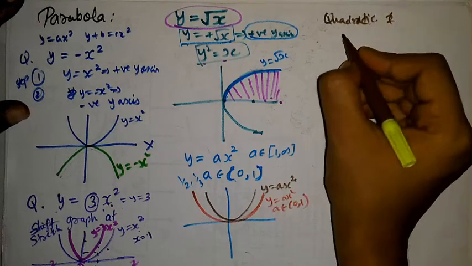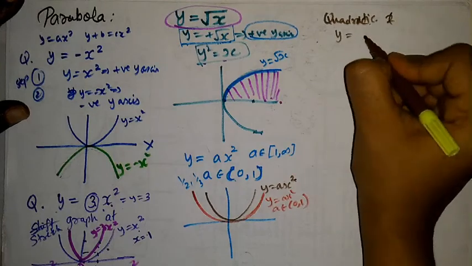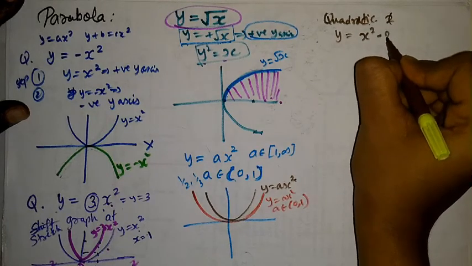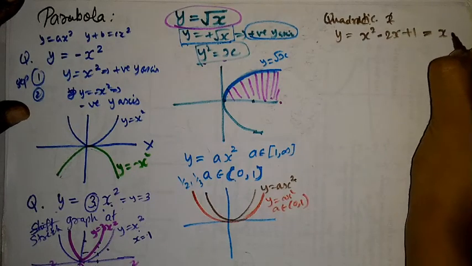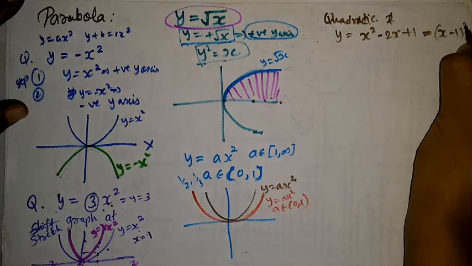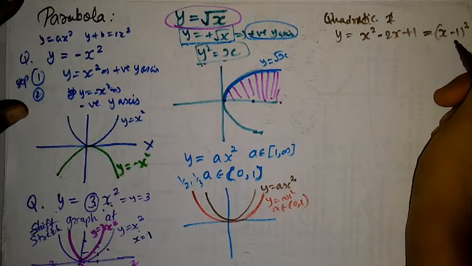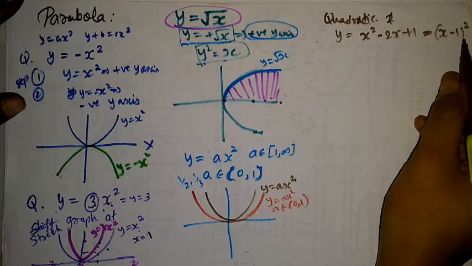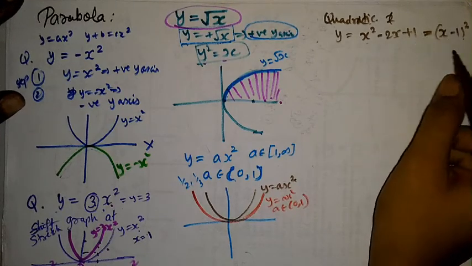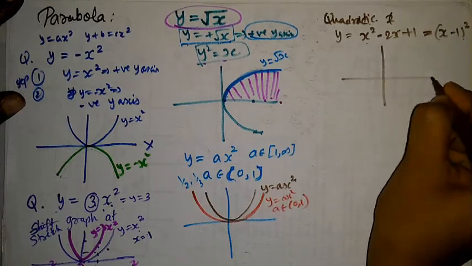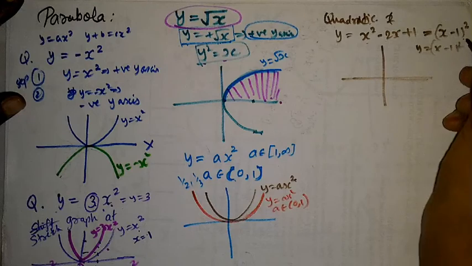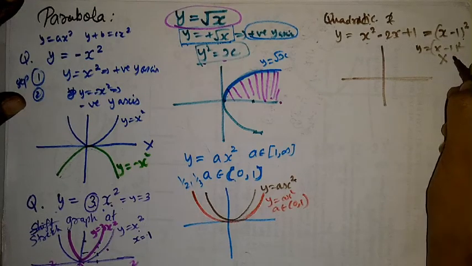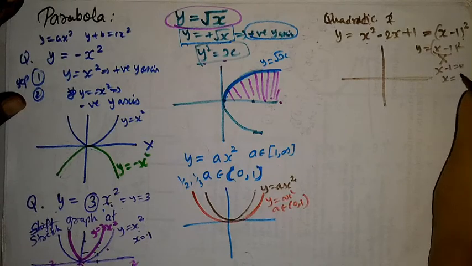So if we are given y is equal to x square minus 2x plus 1, so we know that this is equal to x minus 1 whole square. In my last video I have told you how to draw such graph, so don't get afraid by seeing such graphs. This is y is equal to x minus 1 whole square, so let's assume x minus 1 is equal to capital X. Putting this equal to 0, we get x is equal to 1.